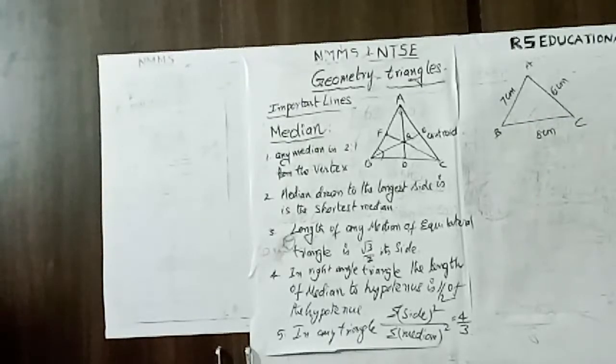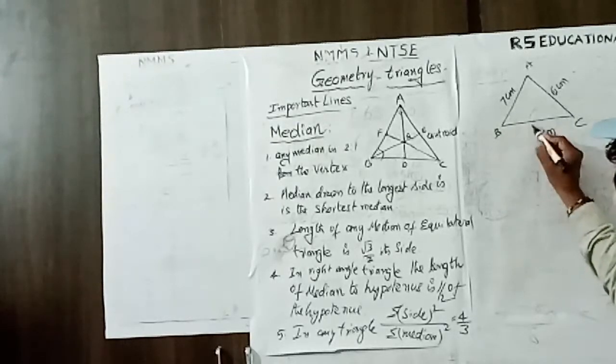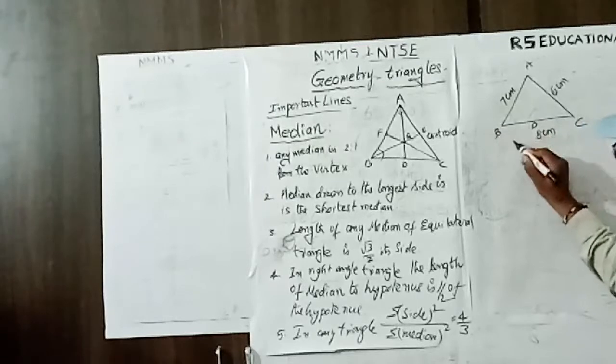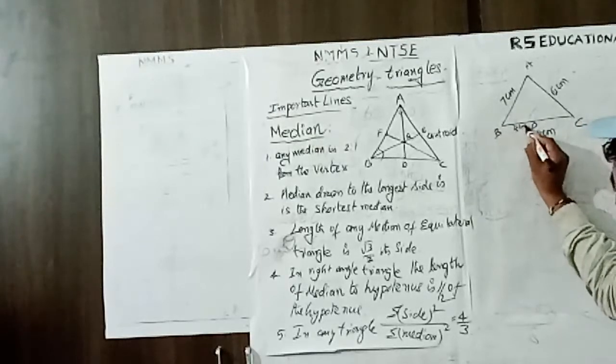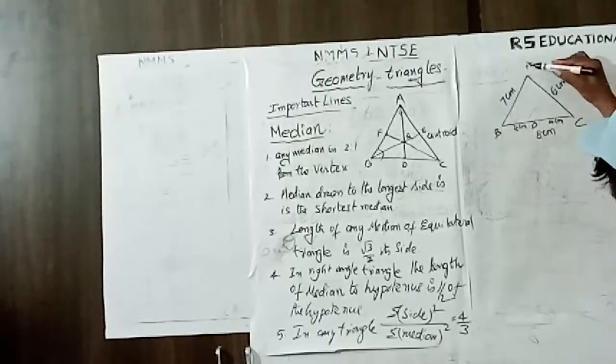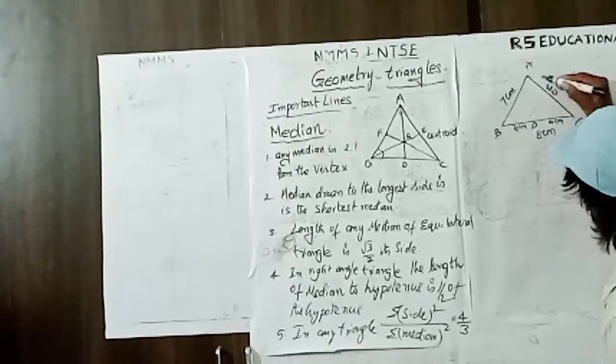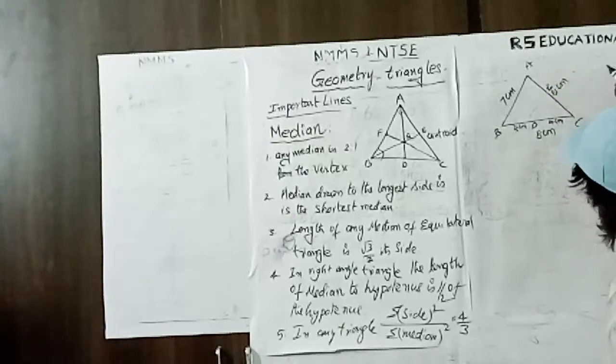Now the midpoint of BC is D, which means BD is 4 centimeters and DC is 4 centimeters, and the midpoint of AC is E, which means AE is equal to EC is equal to 3 centimeters.